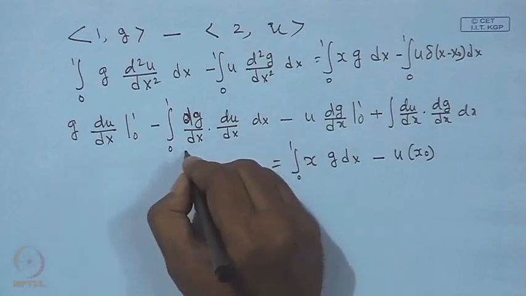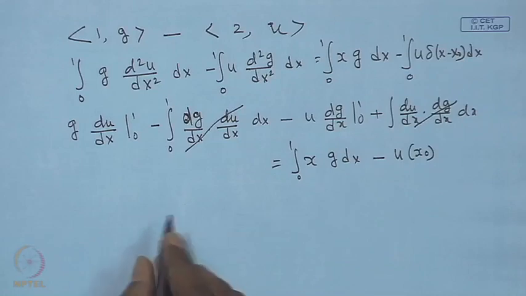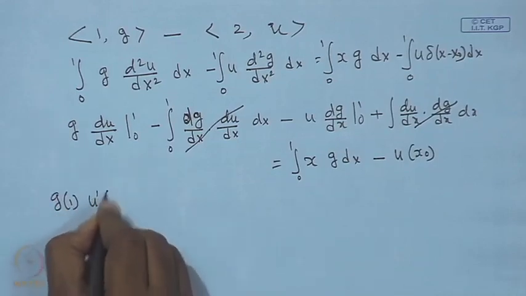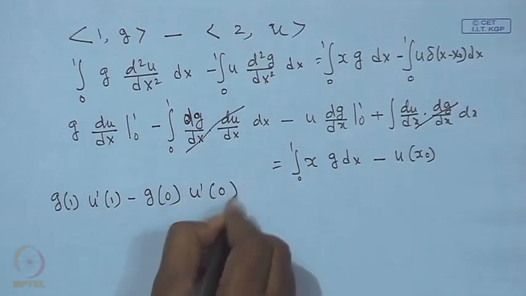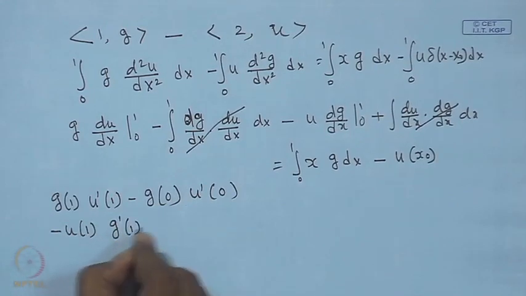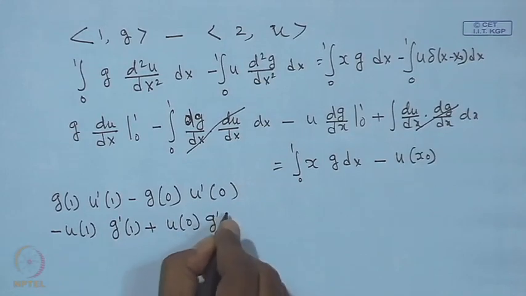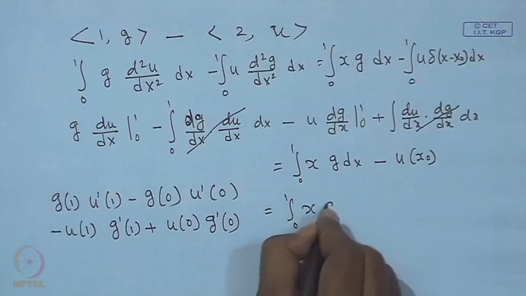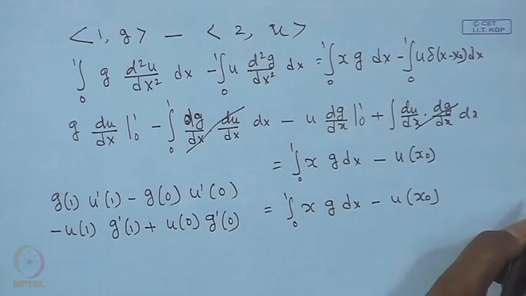Now, these two will simply cancel out, they are equal and opposite in sign. So, what you will be getting is g at 1 u prime at 1 minus g at 0 u prime at 0 minus u at 1 g prime at 1 plus u at 0 g prime at 0 is equal to integral 0 to 1 of f g dx minus u of x naught.